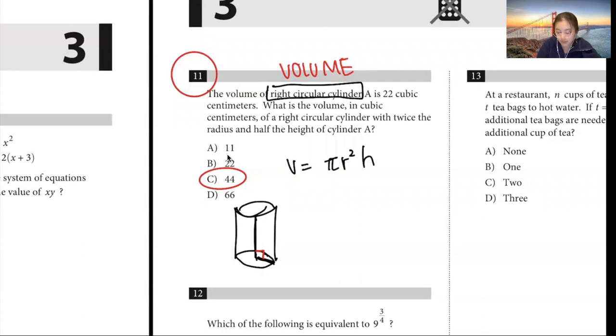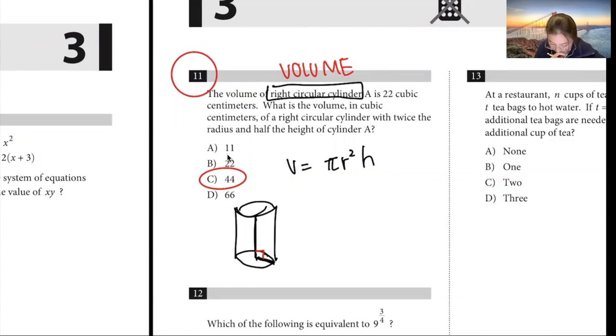If you know the equation for the area of a circle, pi r squared, just envision the height shooting from the circle. So pi r squared times height.